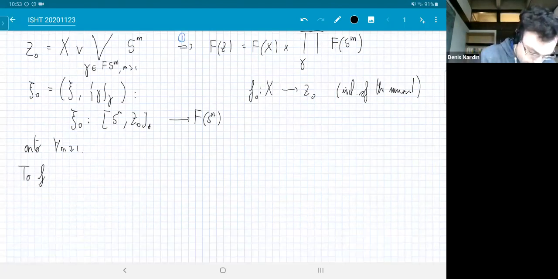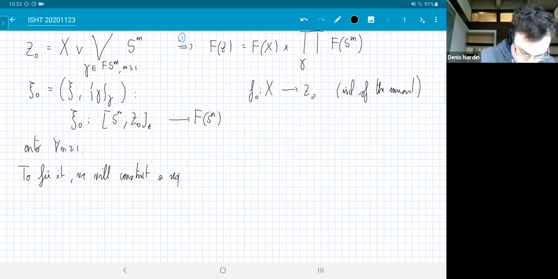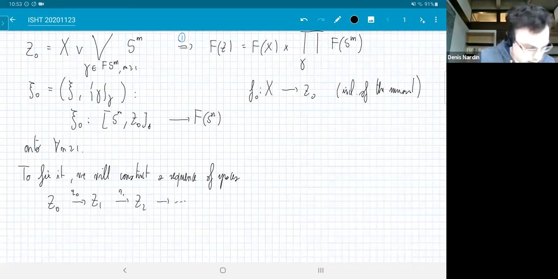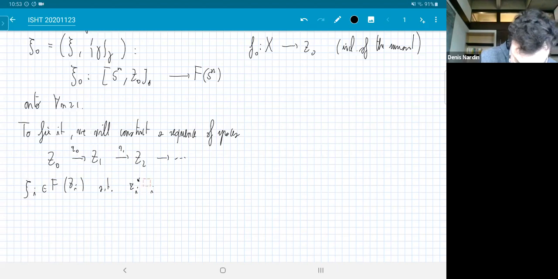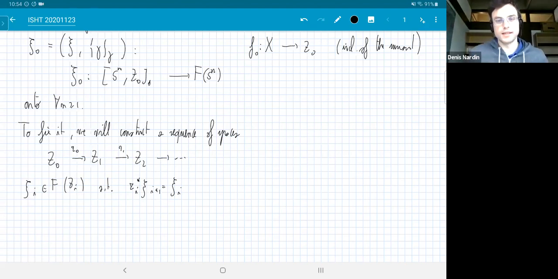Now, to fix it, we will construct a sequence of pointed spaces, Z0 goes to Z1, goes to Z2, etc., and psi i in F of Zi, in a way that everything that is killed in F of Sn dies at some point in this sequence.